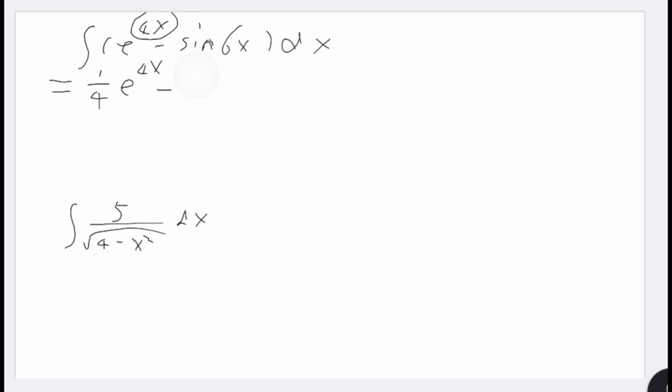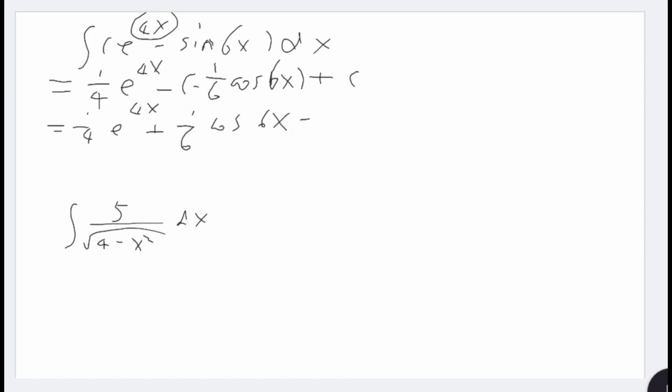So we're going to have, first of all, the negative, 1 over the k cosine kx with the plus c. All right, simple enough. Okay, so final answer.